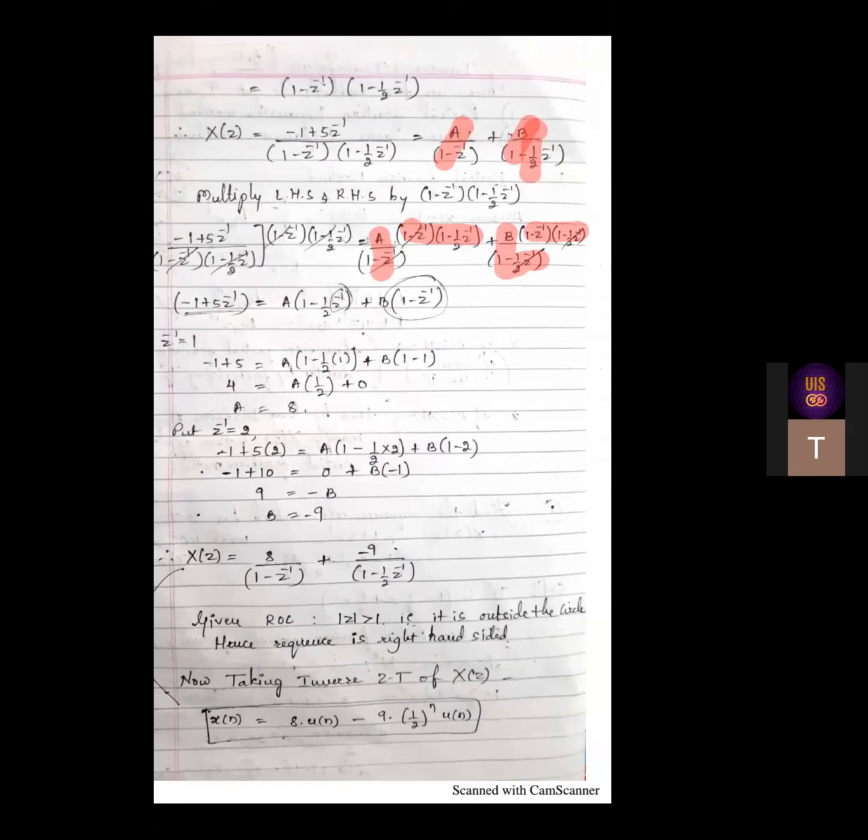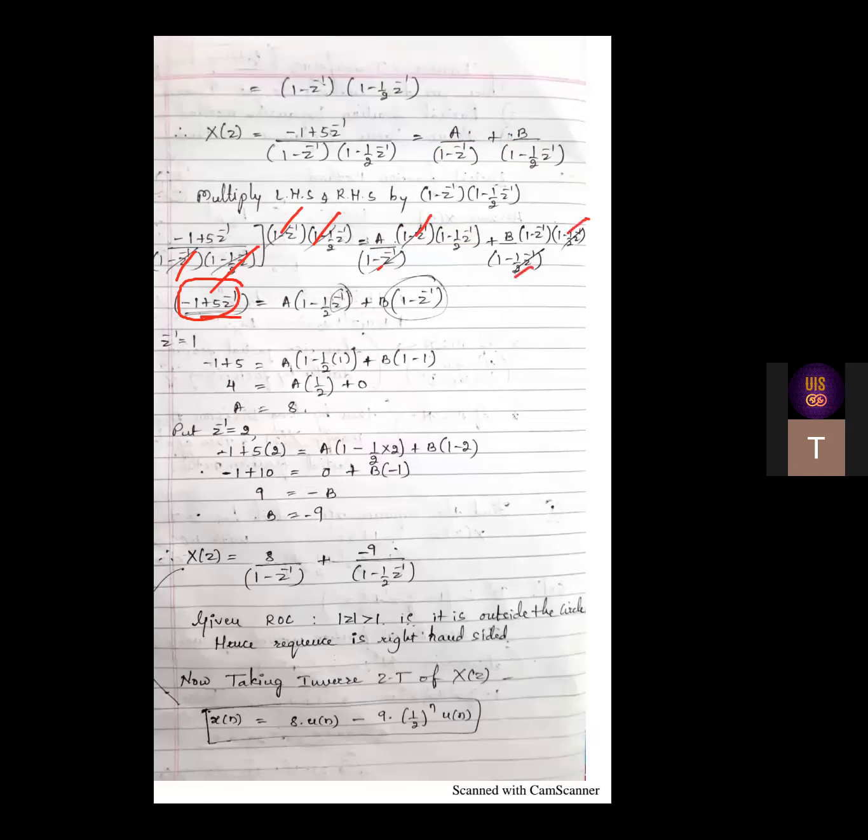So both LHS and RHS should be multiplied by this factor. Why only this factor? Because this is your denominator. You need to vanish that denominator. So if you do that, see here, this will cancel, this will cancel. So denominator will go. Only numerator will be left, and A and one bracket will go here.